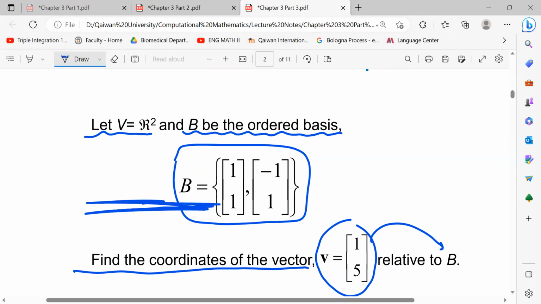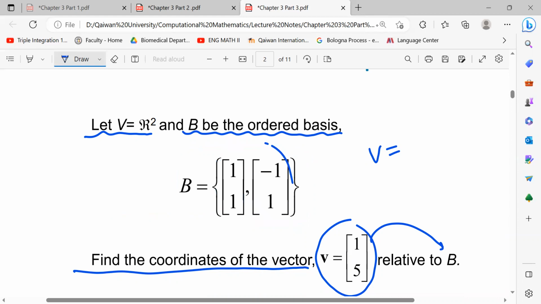We need to write v as the linear combination of vectors in B. How many vectors do we have in B? We have two vectors. So v is c1 v1 plus c2 v2. v is given. v1 and v2 are also given. What are unknown? Only c1 and c2. We can find them. It's easy.